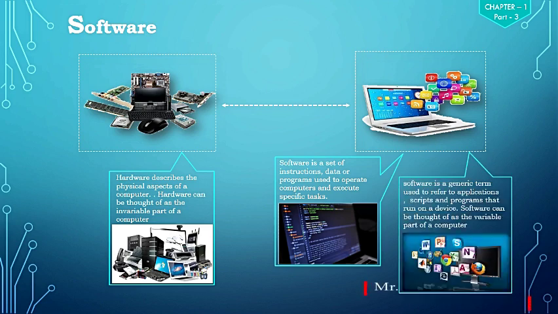A software is a generic term used to refer to the application, script or program that runs on the device. A software can be thought of as the variable part of a computer.